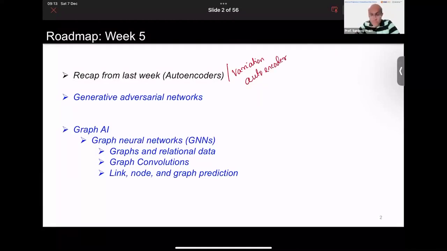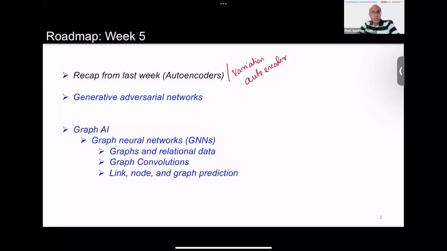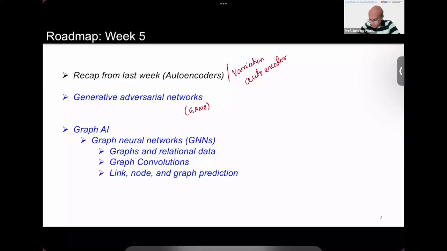So I already introduced this in the last lecture, but we will go through that a bit more in detail. And then we will switch gears towards another generative model, which is known as GANs in short, generative adversarial networks. And then towards the second half of today's lecture, so after the break, we will be focusing on the graph neural network part. So that's basically the plan for today.